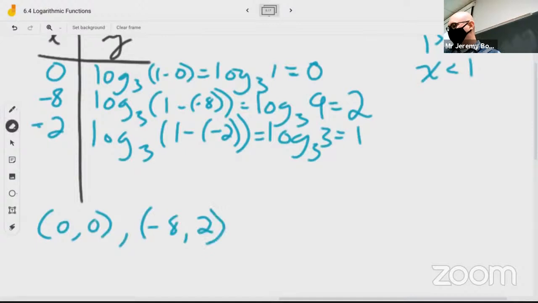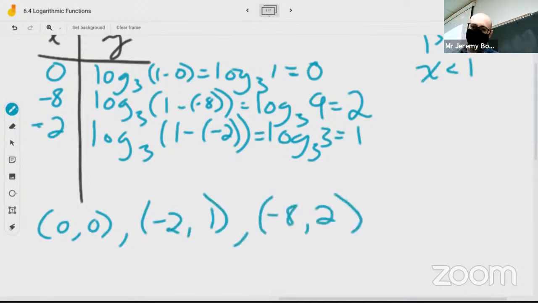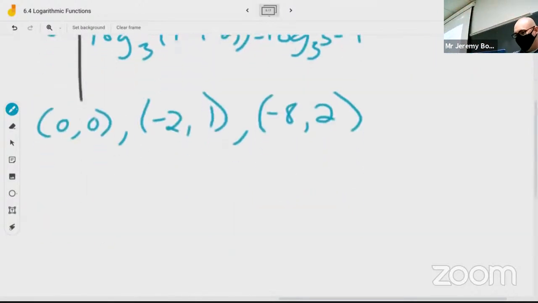Oh, let's write them in the other order. -2, comma 1, and -8, comma 2. It doesn't really matter if you write them in order. I just like to have things in order.